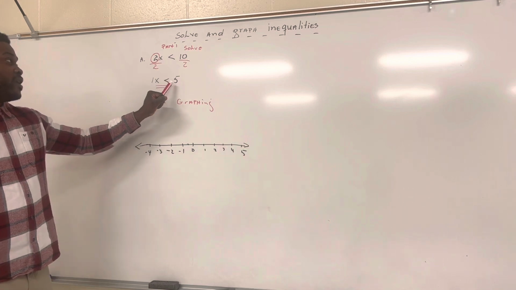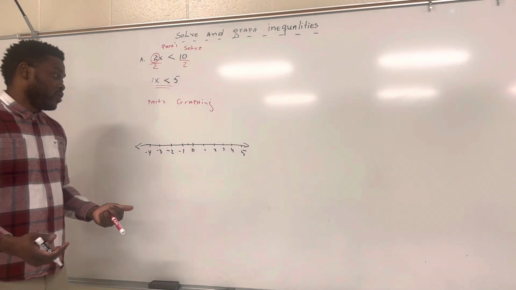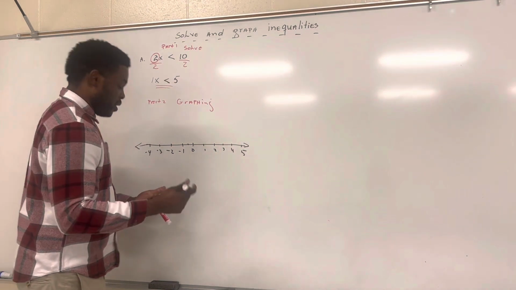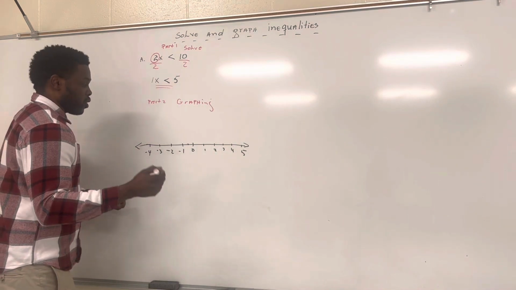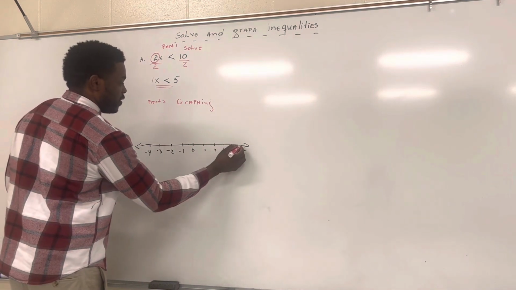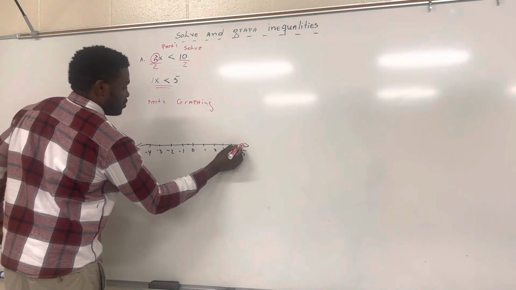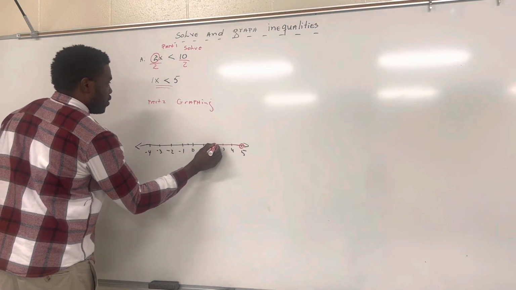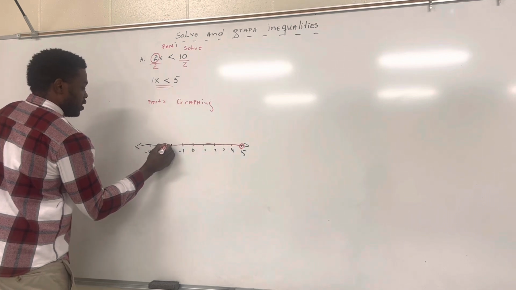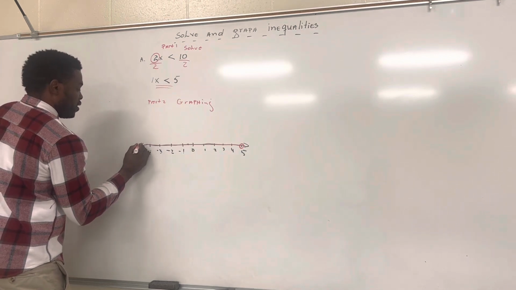And you notice that 5 will not be included, and when it's not included, remember that we put an open circle at 5. So we start at 5 and it's going to the left, meaning that x can be all the values to the left of 5.